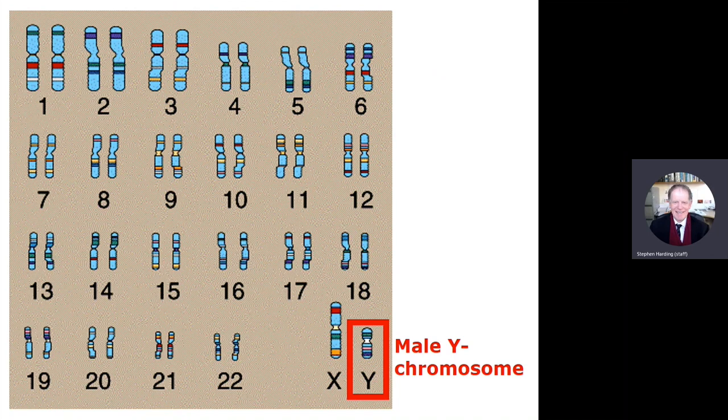The only changes occur where there's a mutation. So a rare mutation will change the sequence, but otherwise it's passed down without change. So that's why the Y chromosome is interesting, because it's a way into the past. So if you can check the Y chromosome type of someone here now, we know what that was like generations into the past.